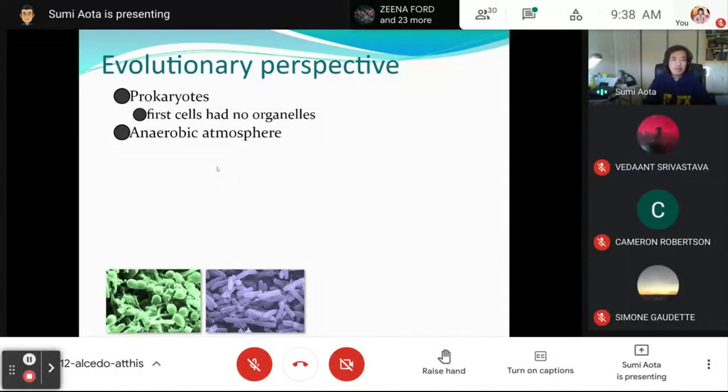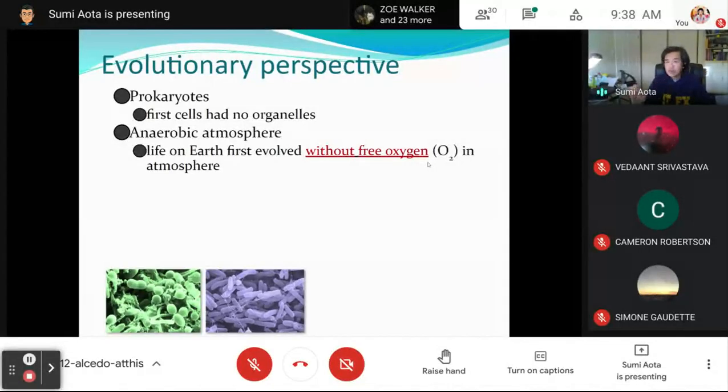Okay. Remember that we also had an anaerobic atmosphere, right? So the atmosphere itself would have had no free oxygen in the air. If free oxygen became available in the early atmosphere, what would happen to it? What would immediately happen to any free O2?